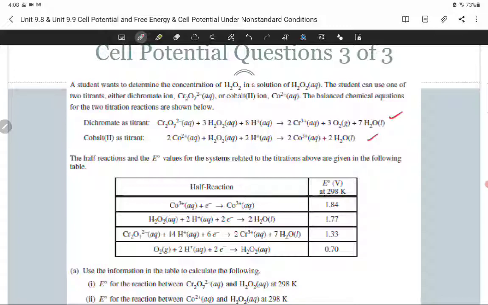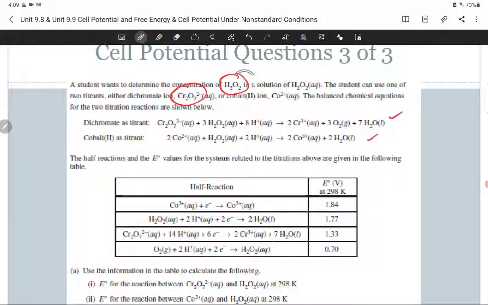Okay. So we need hydrogen peroxide as a reactant, and we need dichromate as a reactant. It looks like there's both in there as reactants, but remember that these are all written as reduction half reactions. You always need something to be oxidized and something to be reduced.